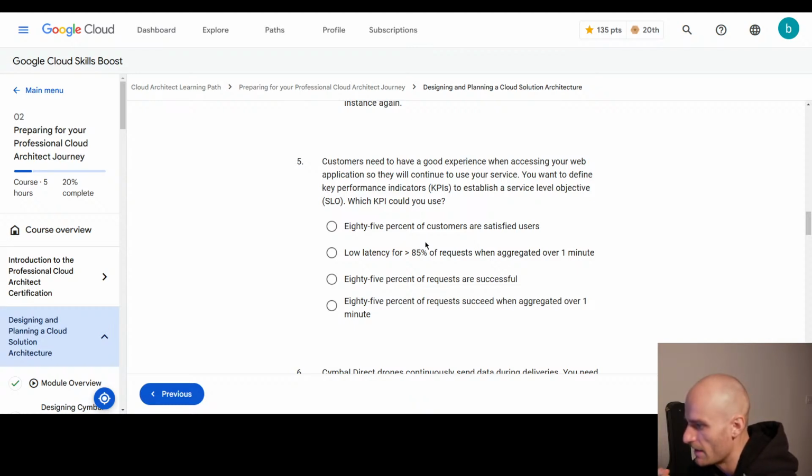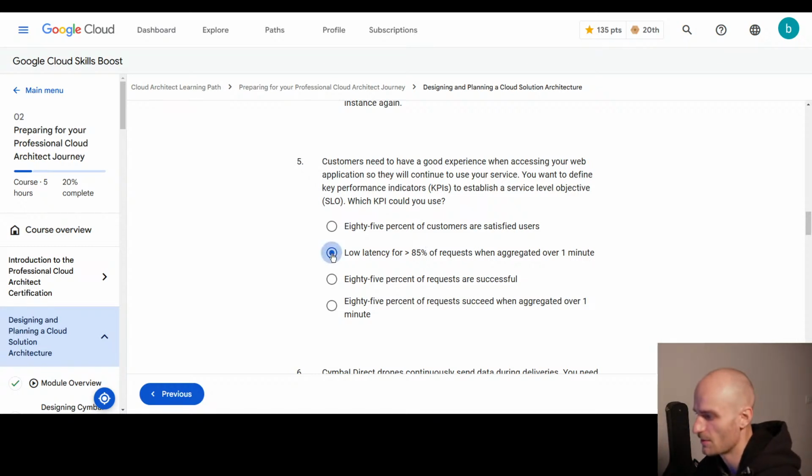Yeah, A and C look like they're too generic. Low latency for more than 85% of requests. Low latency and success. Success, what does it mean? Succeed, which means they receive the page.